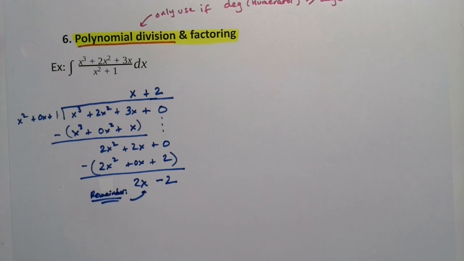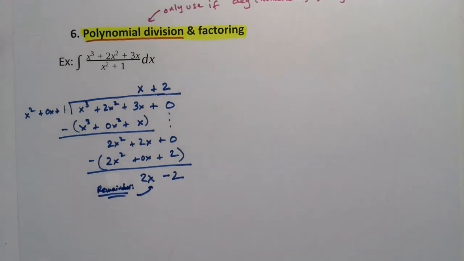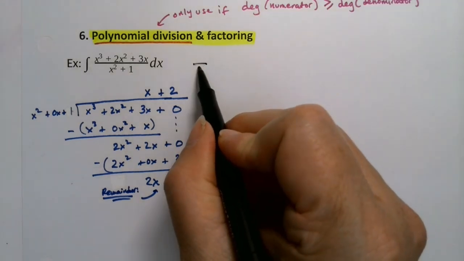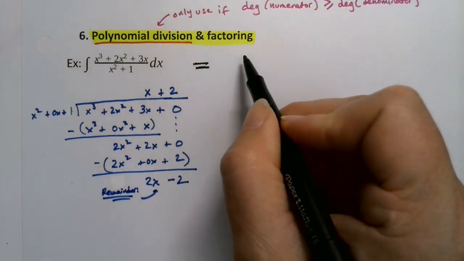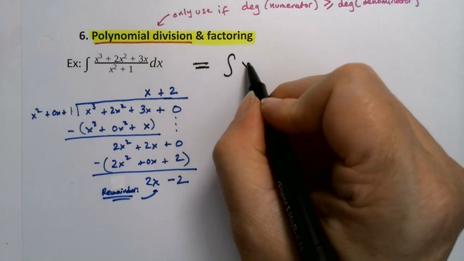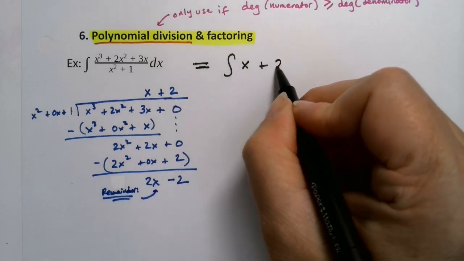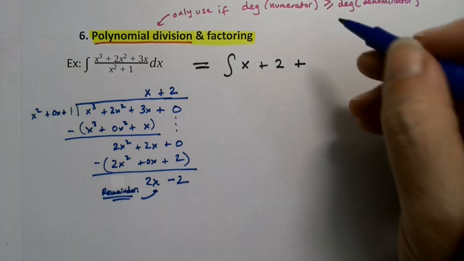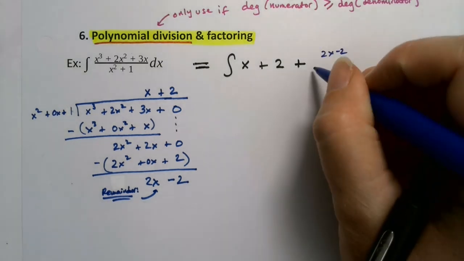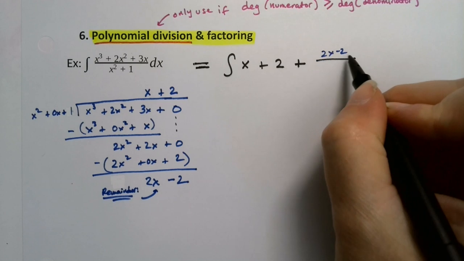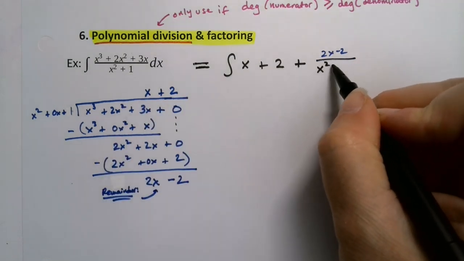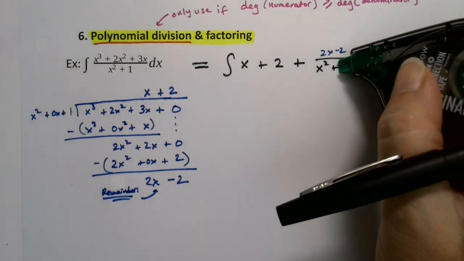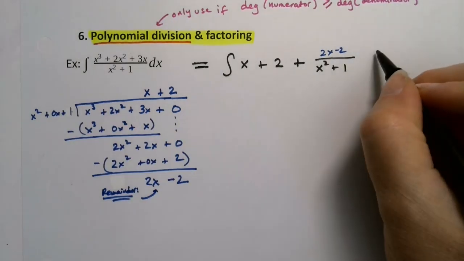Okay, now how in the world does this make things better? Well, keeping this in mind, I can rewrite my integral as the integral of x plus 2 plus that remainder divided by the divisor, x squared plus 1, dx.